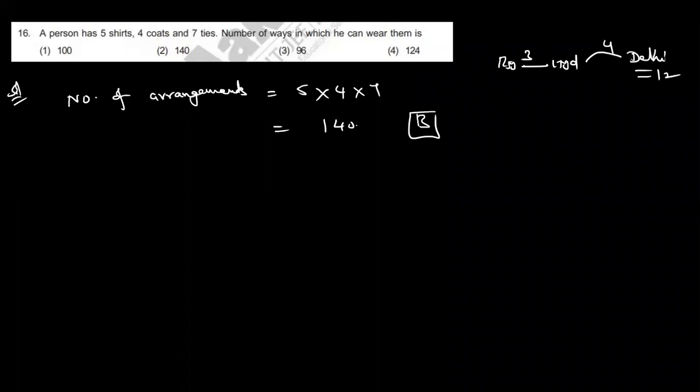One shirt, one coat, one tie, like that. Combinations here: X1, X2, X3, X4, X5, like that you can take; Y1, Y2, Y3, Y4 for coats. So total how many combinations are there? 140 combinations are there. That is the question.